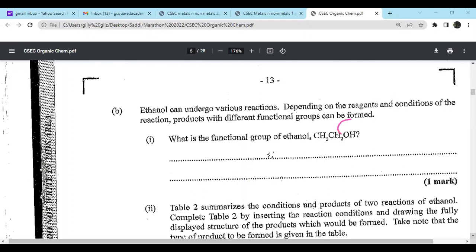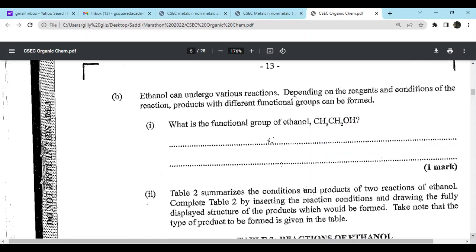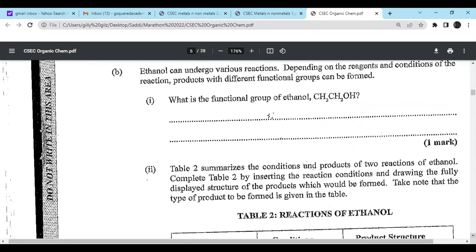If it was an alkene, it would be the carbon-carbon double bond. If it is an acid, it would be C double bond O, OH. So that's the functional group of those species. So the functional group is the reactive part, and that's that. You would just simply say the reactive part.